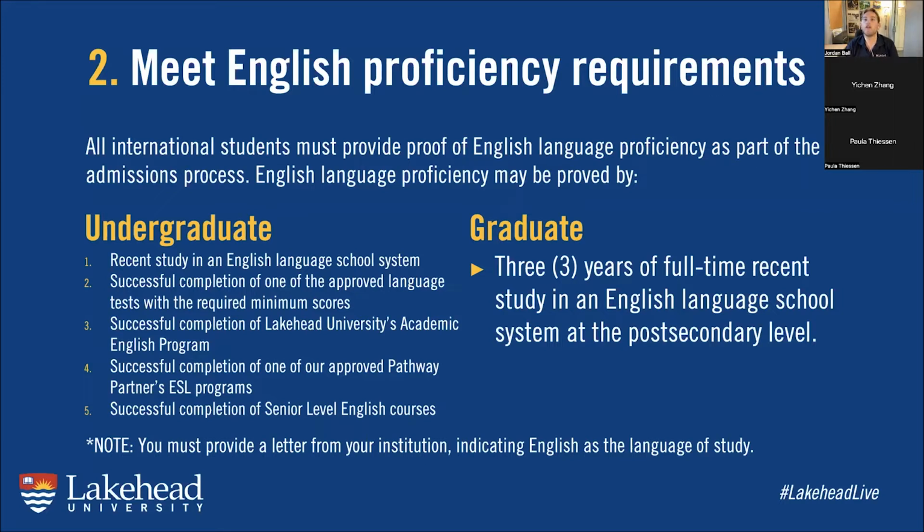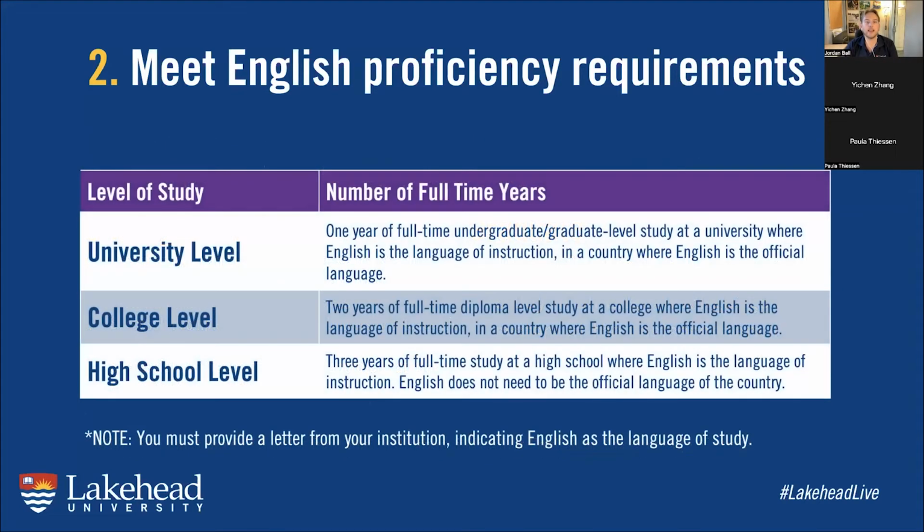I will note for all of our viewers today, if you are going to satisfy our English language requirements through your past studies, and so not through a pathway school, not through our academic English program, and not through one of our English tests, you will need to provide a letter from the institution indicating that English is the language of instruction.